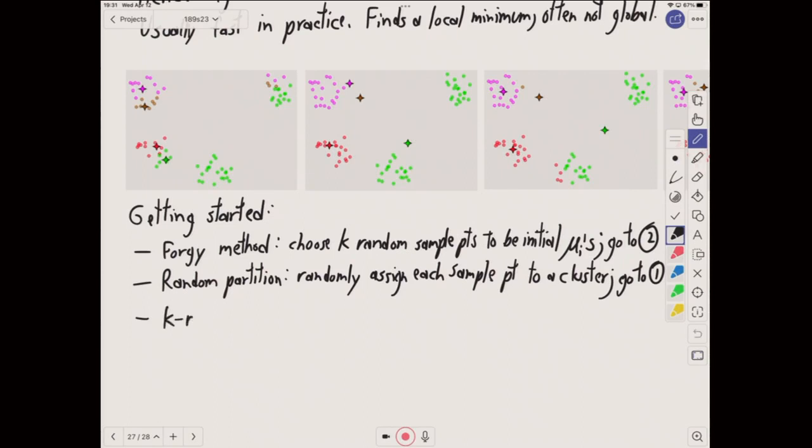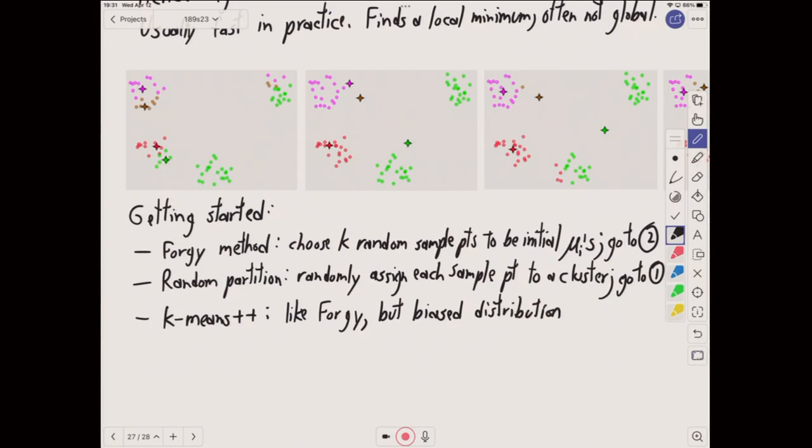I'll tell you one other starting method that I find really interesting. Some researchers have an algorithm called k-means plus plus, which is standard k-means, but with a special initialization. It is like the Forgy method, so you choose random points to be initial cluster centers, but you don't choose them uniformly at random. Rather, you have a biased distribution for how you choose those starting points.